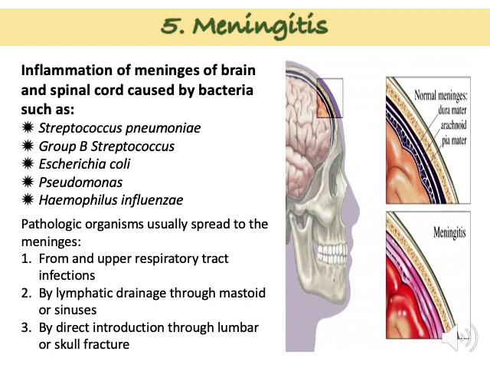These pathologic organisms usually spread to the meninges from upper respiratory tract infections through the lymphatic system, mastoid bone or sinuses, or by direct introduction through lumbar puncture or skull fracture. Once organisms enter the meningeal space, they multiply rapidly and spread throughout the CSF and brain, and they cause inflammation.